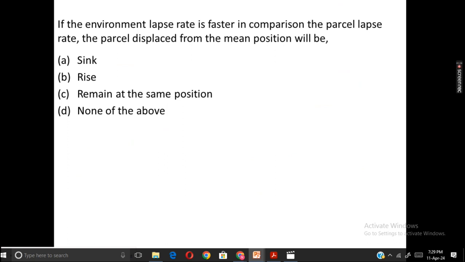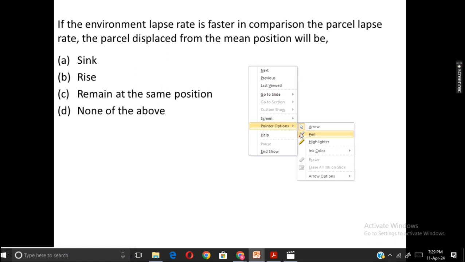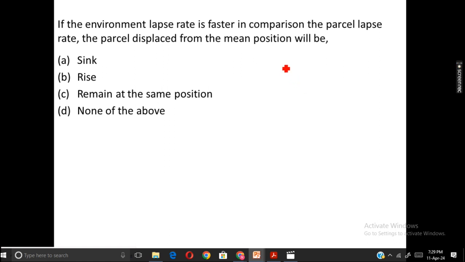Okay. Now the next question. Suppose the environmental lapse rate is faster in comparison with the parcel lapse rate, just like we discussed now. This is also regarding the lapse rate. So the question is: environmental lapse rate gamma is greater than the parcel lapse rate gamma d.